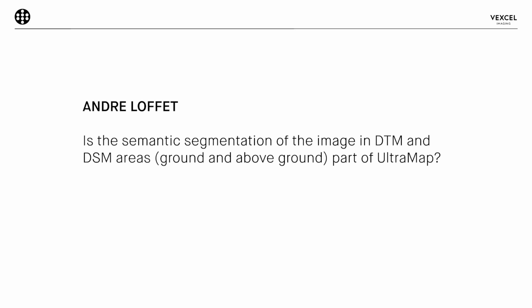So whenever you start with the new software version, the processing of the DSM and the DTM, the image segmentation runs in the background and is doing its job, is trying to identify objects which are at ground level and objects which are above ground level. And then it will display the results. This segmentation can also then be modified in the editor as we have seen in the examples.